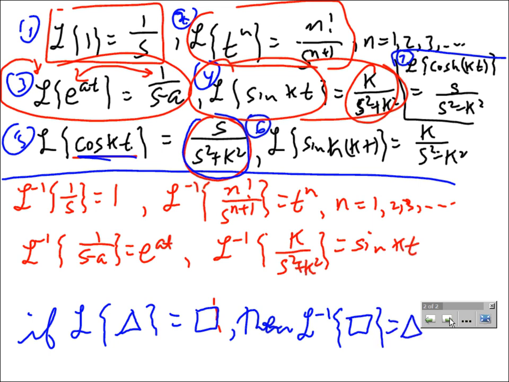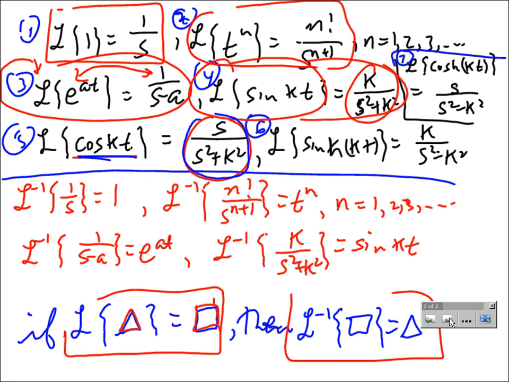I couldn't care less what this and that are. I do know that when you go from here to here, the this and the that get switched, and you put a little minus 1 up there. Okay. So, we can now find some Laplace inverse transformations.